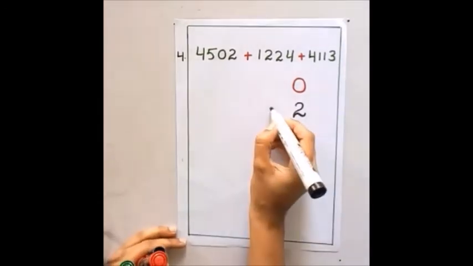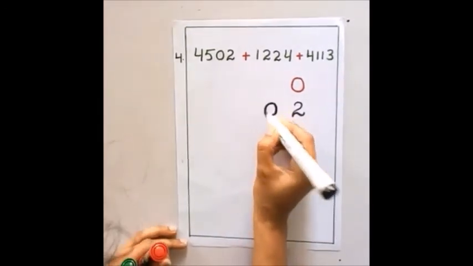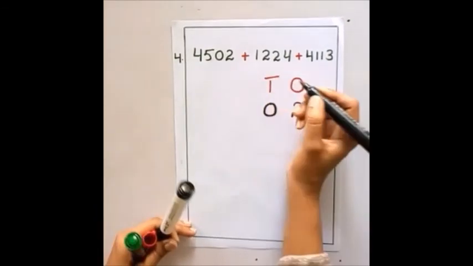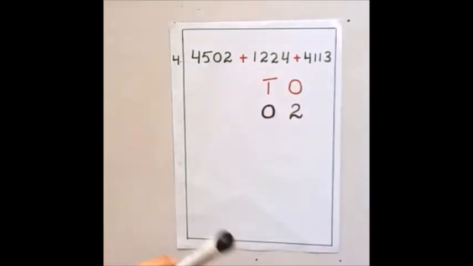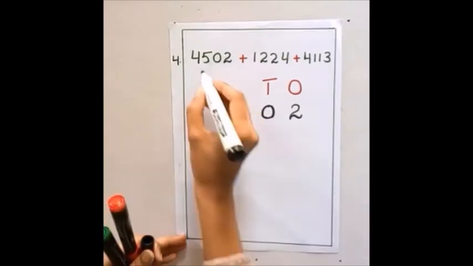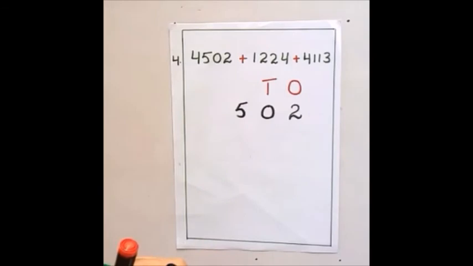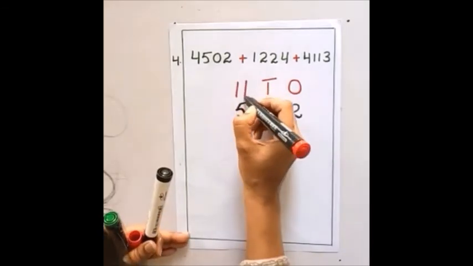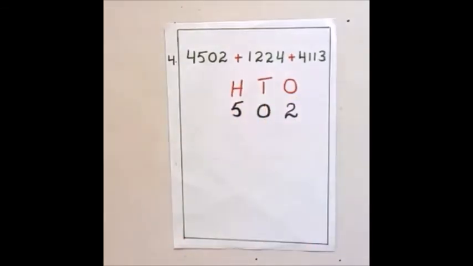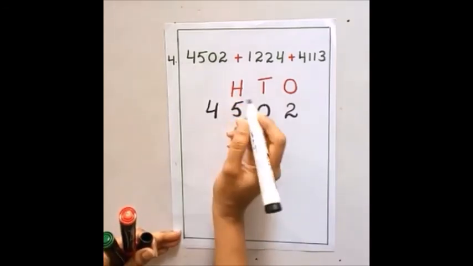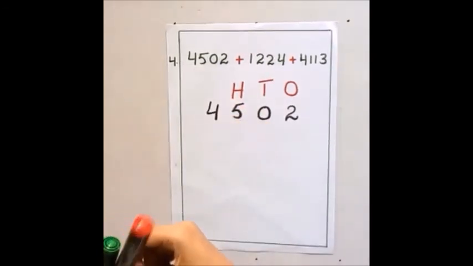Then there is number 0, and 0 is in the tens place, so I will write 0 under the tens place. Then there is number 5, and number 5 is in the 100 place, so I will write 5 under the 100 place. Then there is number 4, so I will write number 4 under the 1000 place.